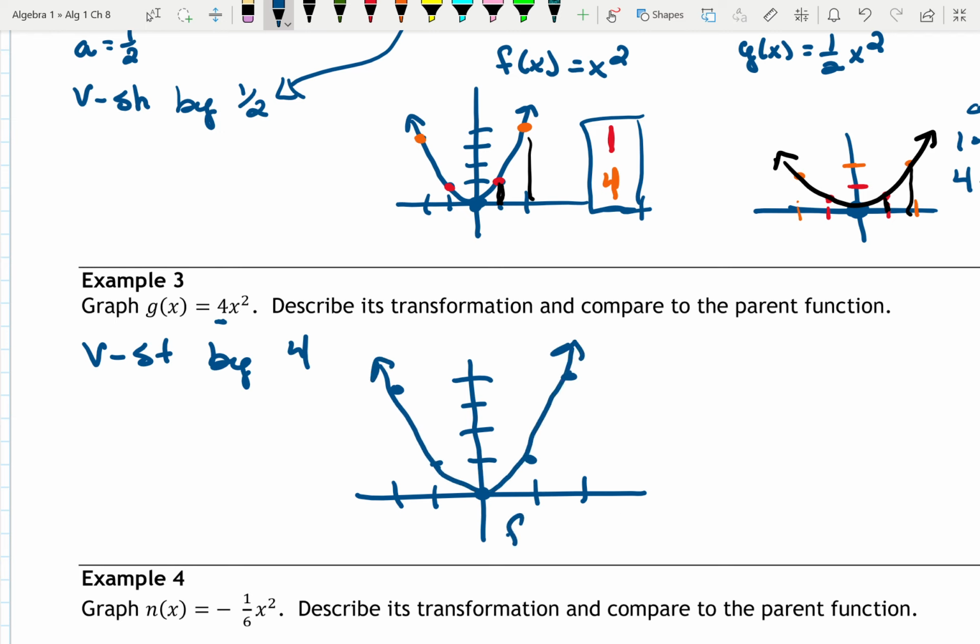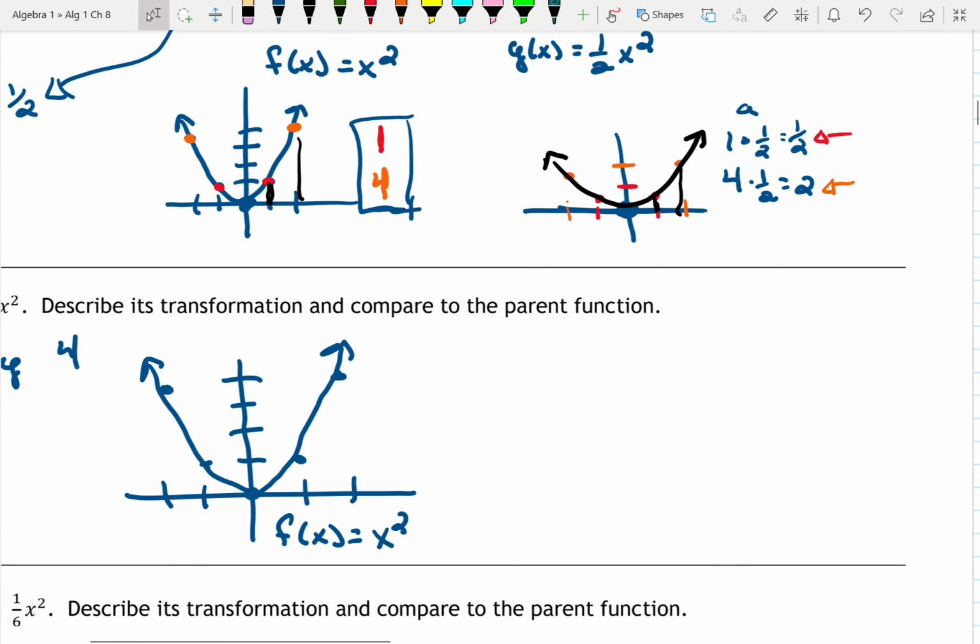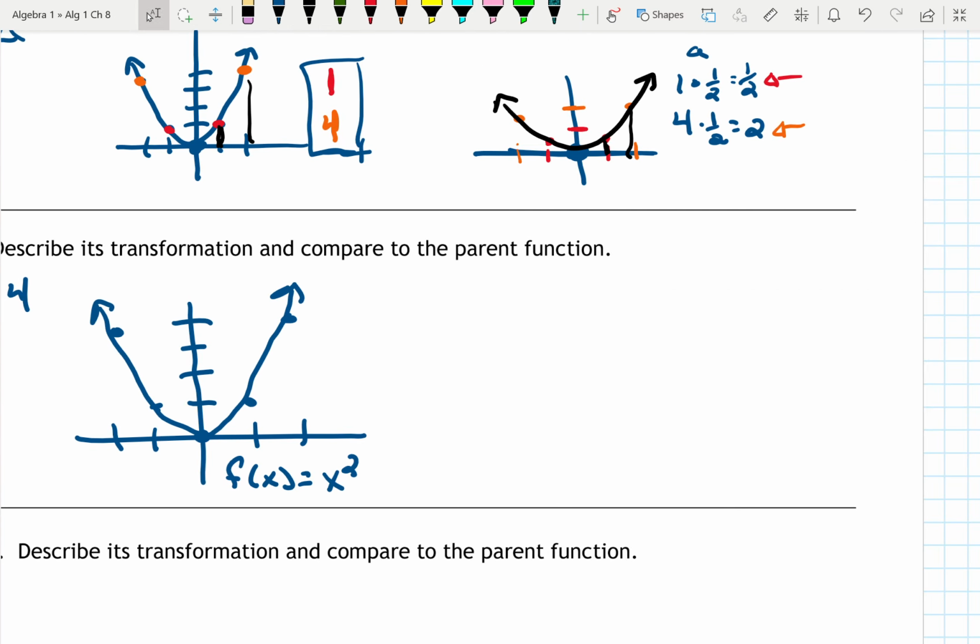This is f of x equals x squared. Okay, and on this homework assignment, we want to be graphing our parent for every single problem, because we really want to make sure that we have this graph just stuck in our head.